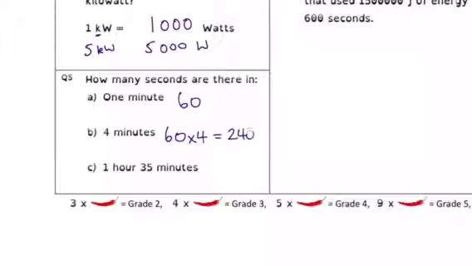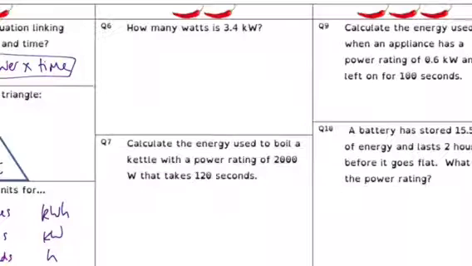So that's 240 seconds. And then for 1 hour 35, well, we need to know how many minutes that is. So there's 60 minutes in 1 hour. So we add that to the 35. So that's 95 minutes. So 95 minutes times 60 seconds is 5,700 seconds.